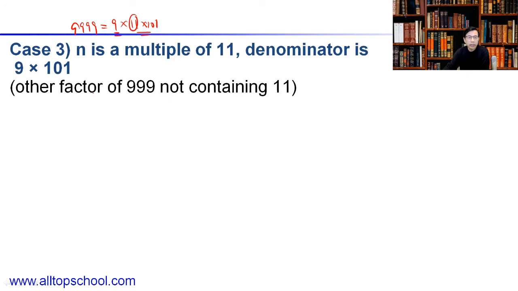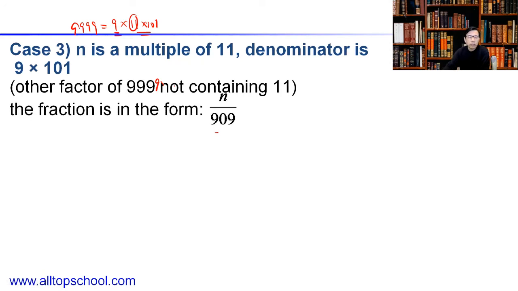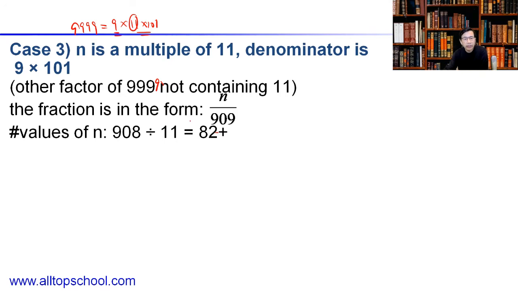These are actually the other factors of 9,999 not containing 11. So the fraction is in this form, the numerator over 909. So for the number of values, you could just do 908 divided by 11. So that will be 82 of them.